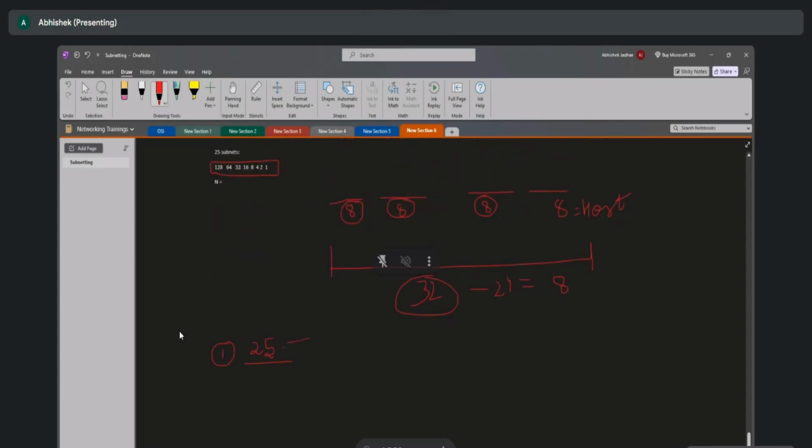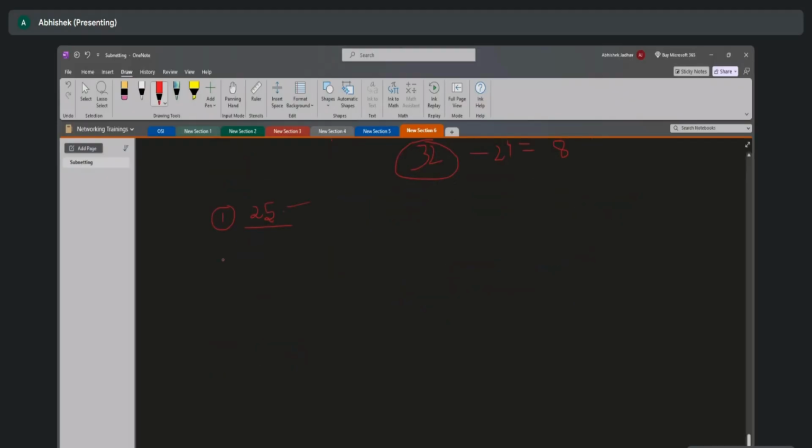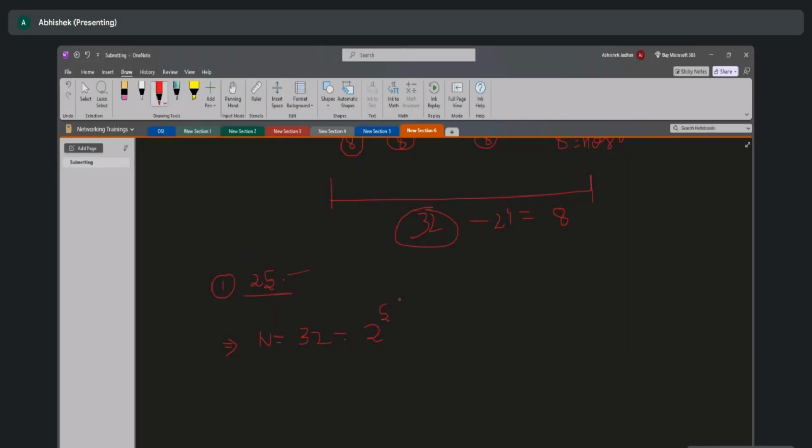On which position in this table does 32 fall? We annotate it as 0, 1, 2, 3, 4, 5. So 5, right? So for 25, your number of networks will be 32 when you borrow 5 network bits from the host, that is 2 to the power of 5.